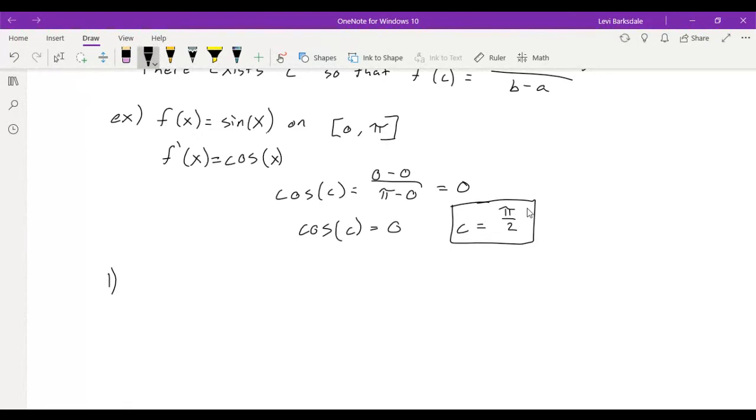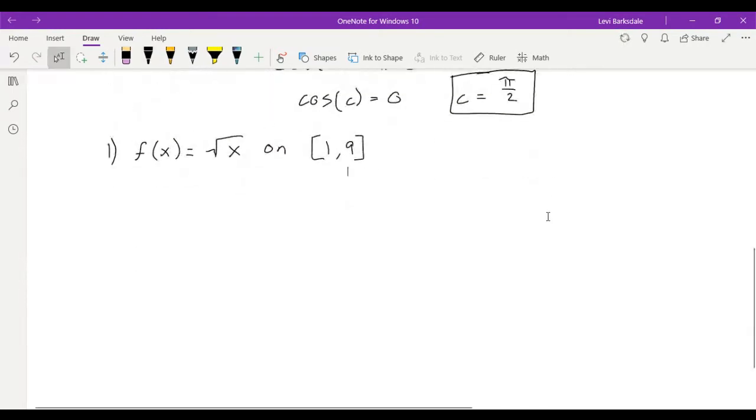Now, why don't you go ahead and try out a couple of problems. F of x equals the square root of x on 1 to 9. Let's see what else.